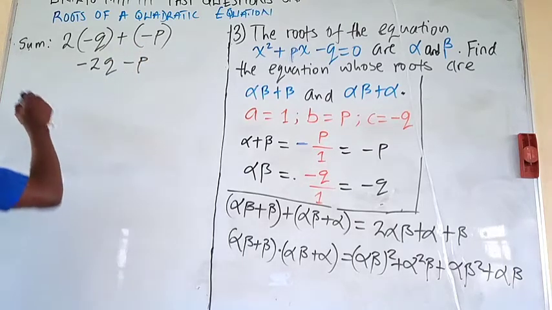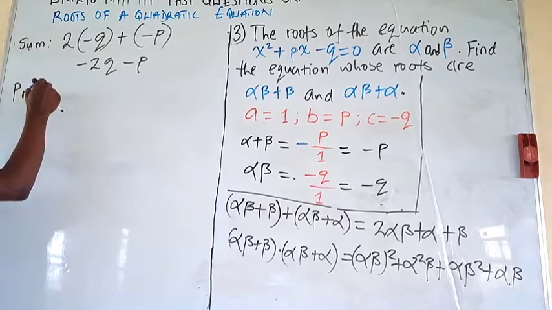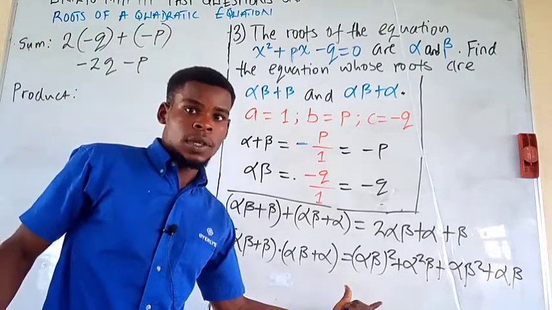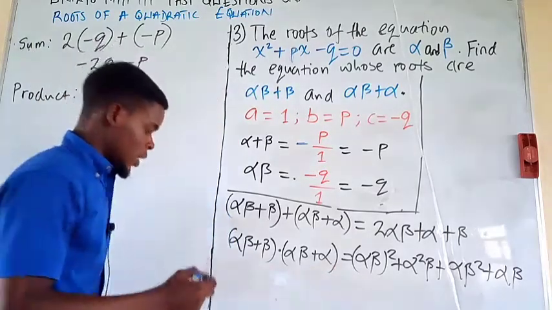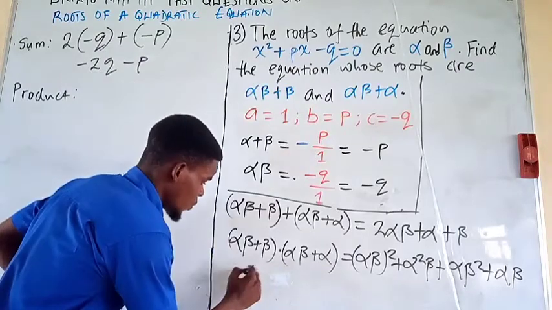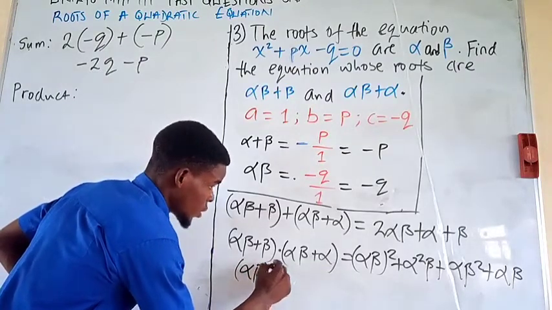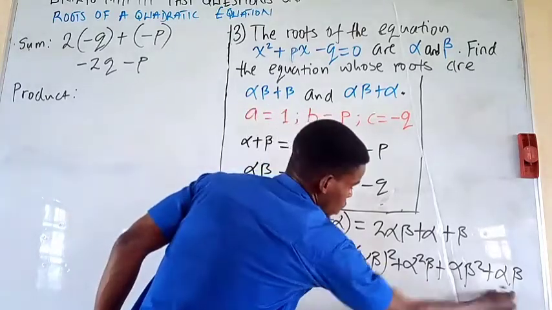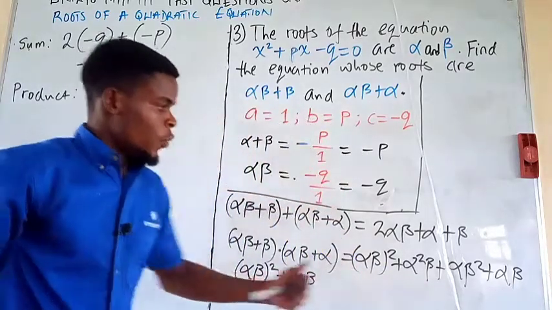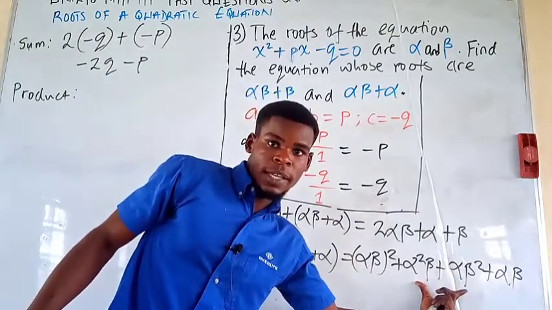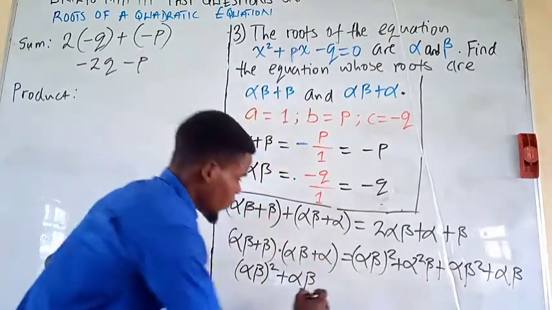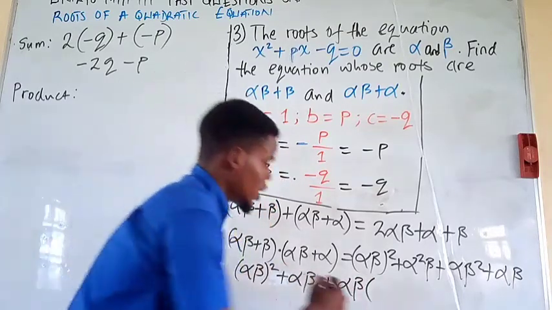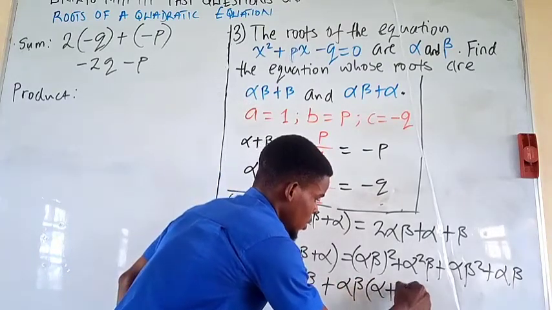And again, I'm going to consider the product. Now, let me put a little thing down here. So I'm going to have it to be alpha beta square plus alpha times beta, this one and this one first. If you want to consider this, alright, I'm going to factor something. I'm going to factor alpha beta, and in the bracket we're going to enter with alpha plus beta.